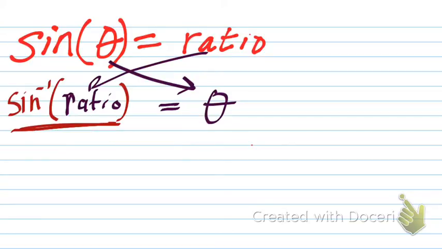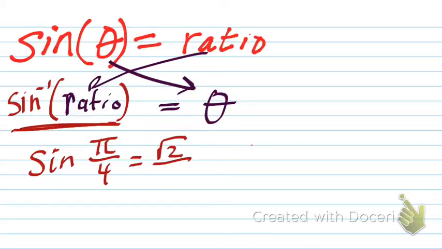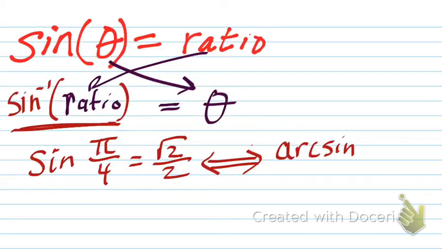So for example, a minute ago, we saw that sine of pi/4 was equal to √2/2. Well, this is equivalent to saying that the inverse sine, and this is another notation for it, of √2/2 is asking the question, what angle measure has this as a ratio?